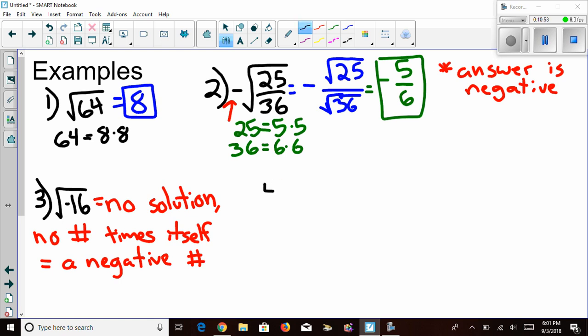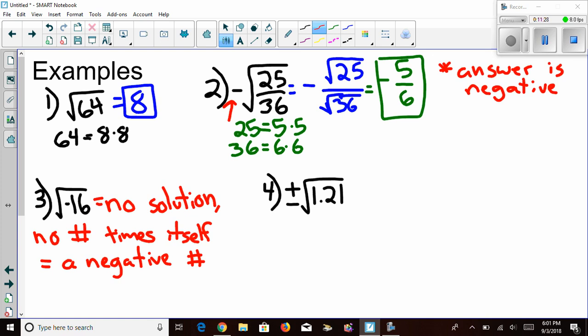Fourth example is you could be asked to take the positive or negative square root of a decimal, in this case 1.21. Now you might ask yourself, well, wait, haven't we just been working with perfect squares because they're integers, they're whole numbers? Well, I want you to look at 1.21 and think about if you know an integer that looks like that number.